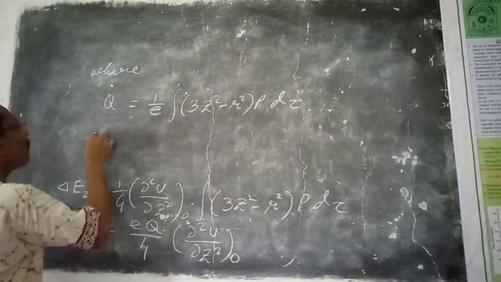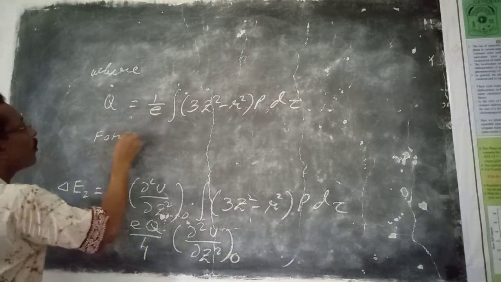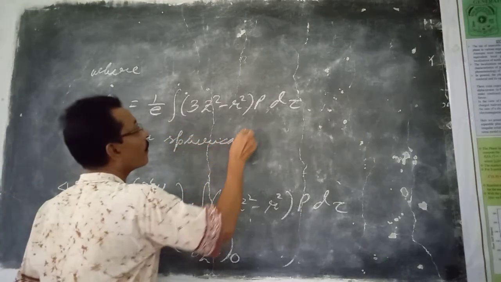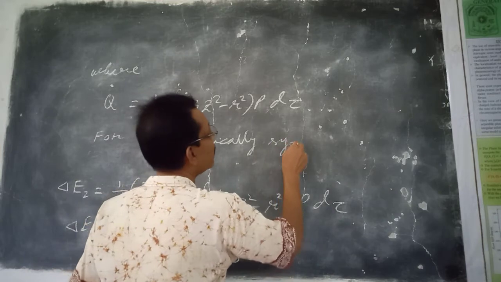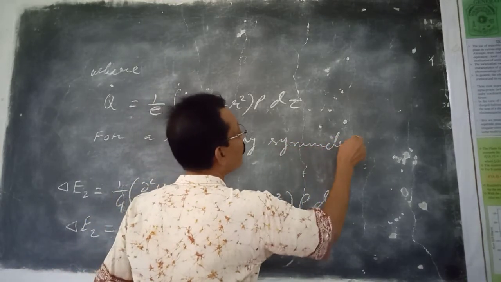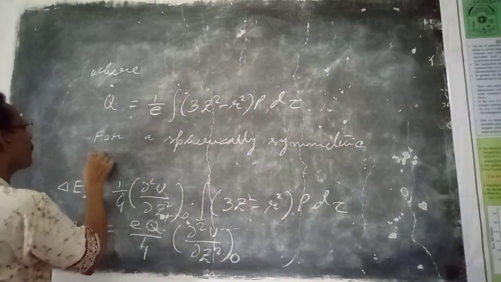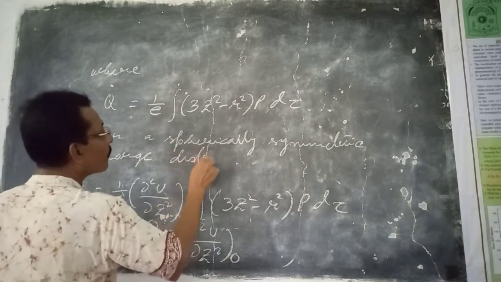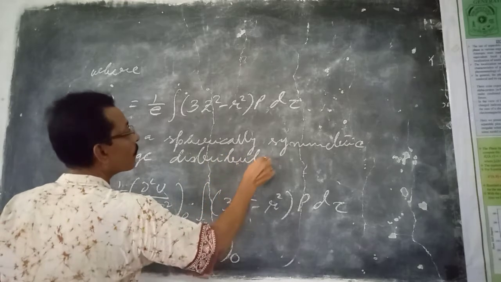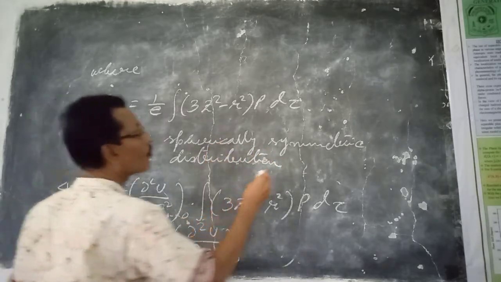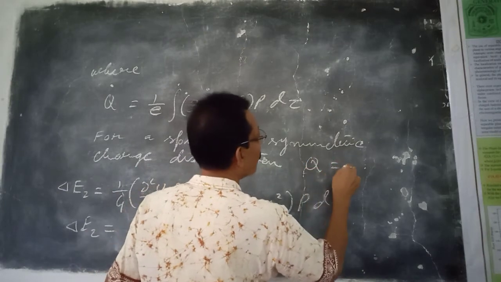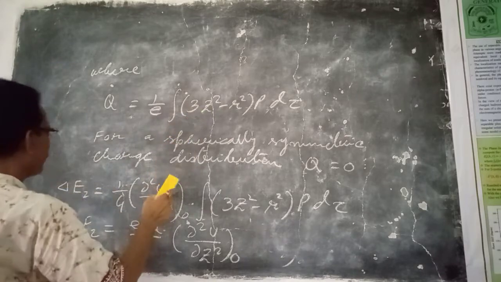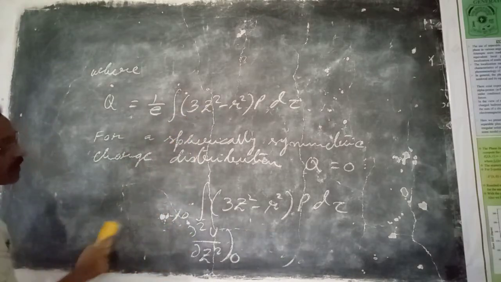Therefore, for a spherically symmetric charge distribution, Q is 0, because in that case r square equals 3z square, or 3x square, or 3y square.